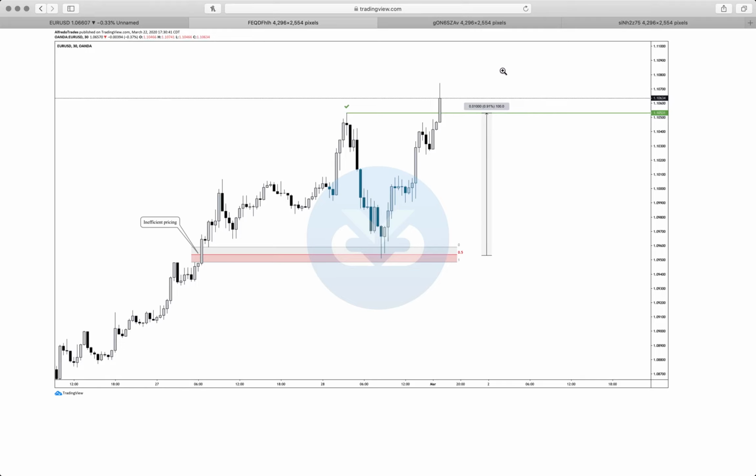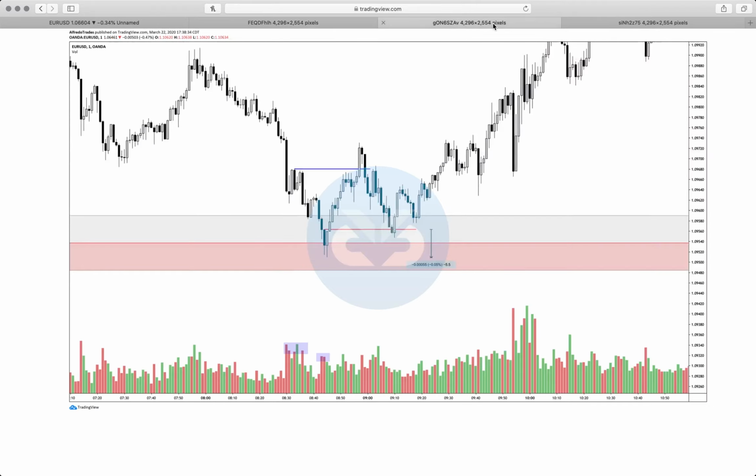So we see the trade. We know exactly why this went in the direction that it went, but how exactly do you get the entry? Well, this is where we zoom in, and this is the importance of understanding volume and momentum, right? Notice that we have a reaction into that 50% of the inefficiency, and we also have the re-entry.